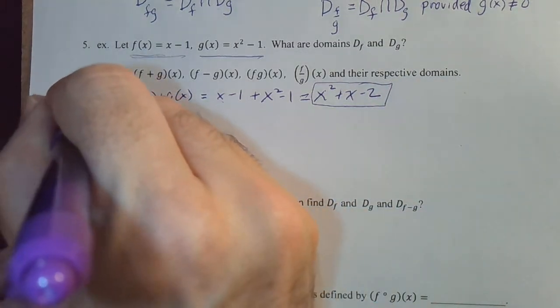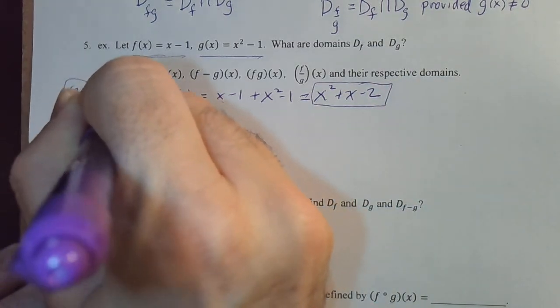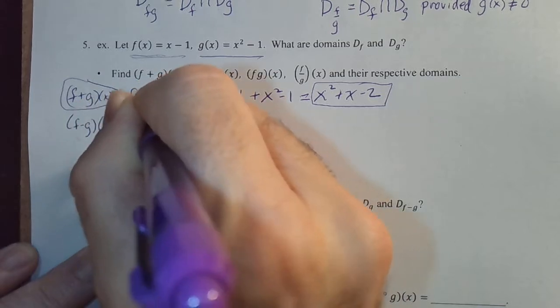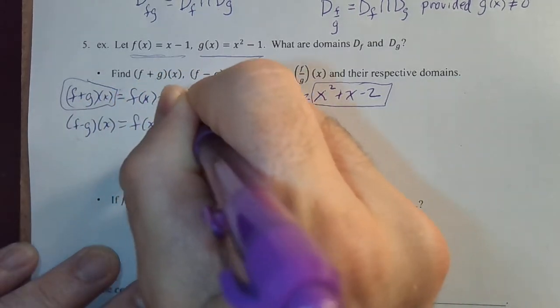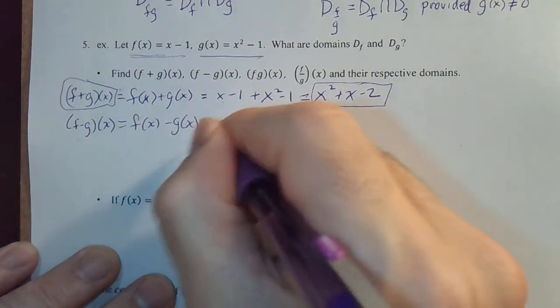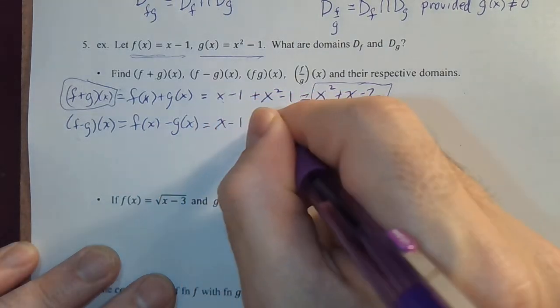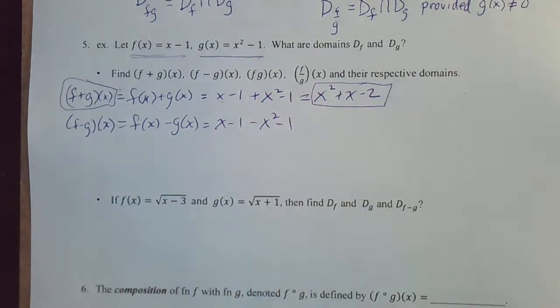Okay, f minus g of x is equal to f of x minus g of x. That's going to be x minus 1 minus x squared minus 1. Why am I pausing? Because I want you to find my mistake.